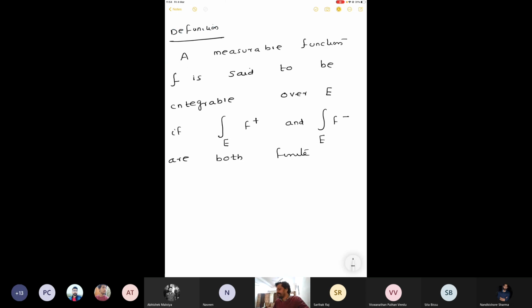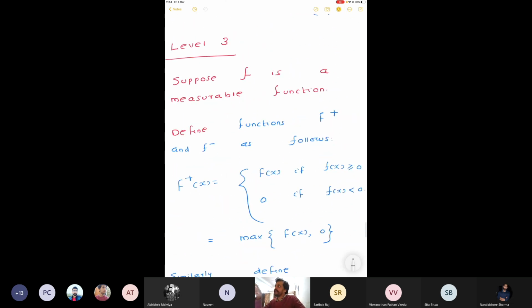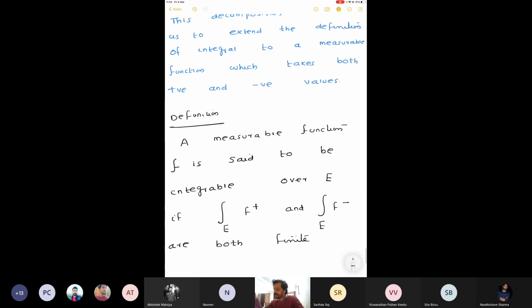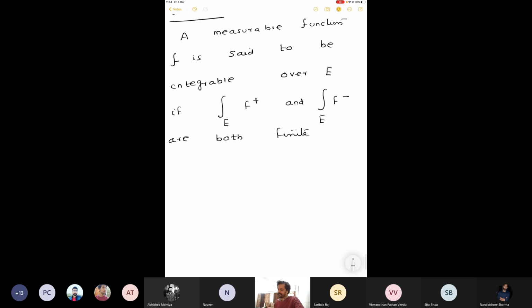In other words, both f plus and f minus are integrable. That's how we define integrability in level 2: a non-negative measurable function is said to be integrable if its integral is finite. Since f plus and f minus both are non-negative, they are integrable if their integrals are finite, and in that case we will call f integrable.